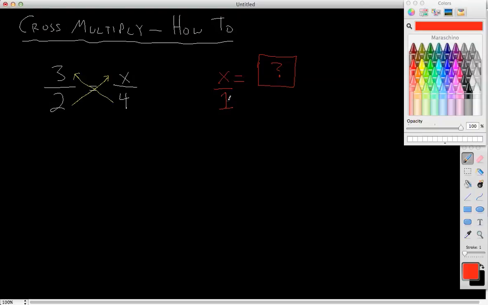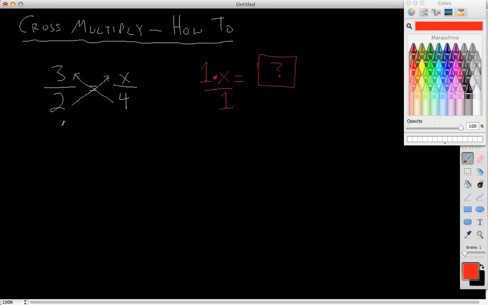So it's okay if I write a 1 underneath here. And if you look, there's actually a 1 multiplying the front here as well. So if we go 1 times x, we should get x as well. So we have a 1 in front of the x that's hidden, and a 1 underneath this x that's hidden. Okay, so this is what we want our final answer to look like.